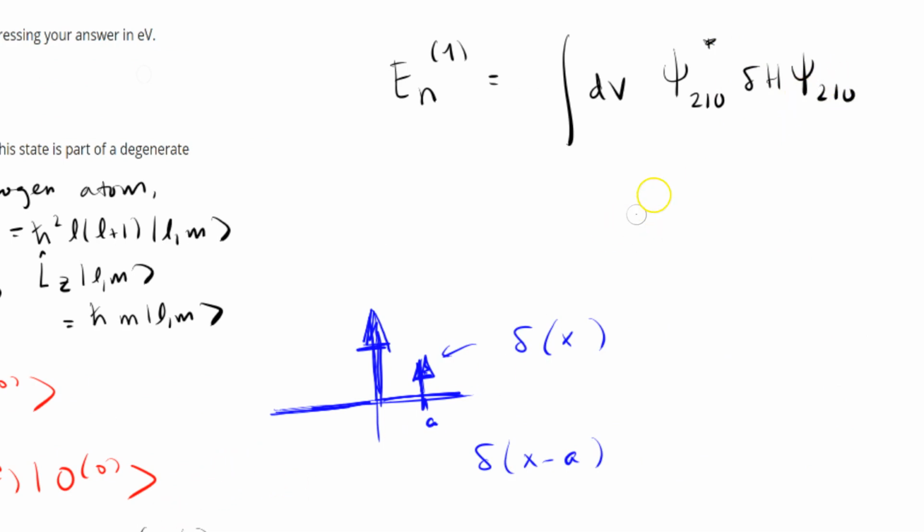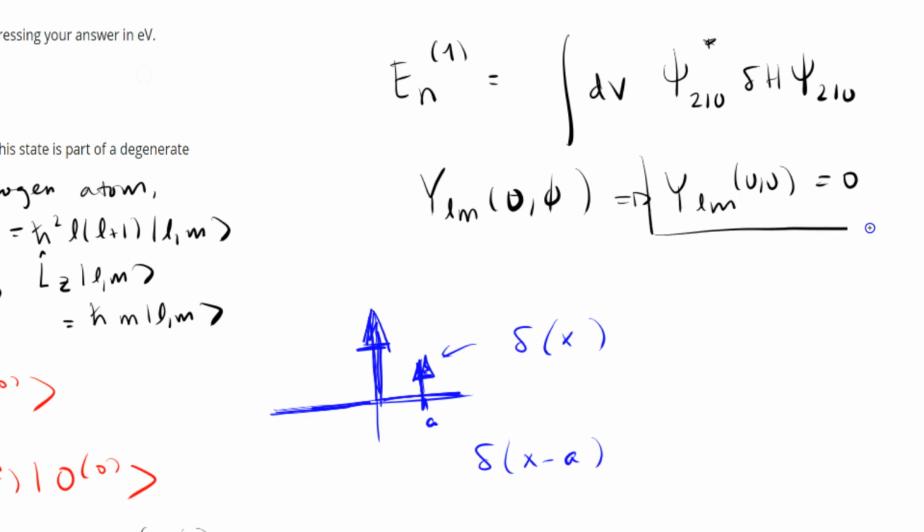But if you remember spherical harmonics, these Y_lm of theta, phi, they have the property that Y_lm at 0, 0 is always equal to 0. You can look this up. If you Google spherical harmonics and they list all of them, if you plug in 0, 0, you'll always get 0.